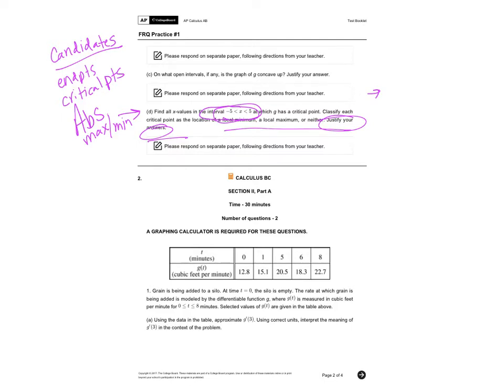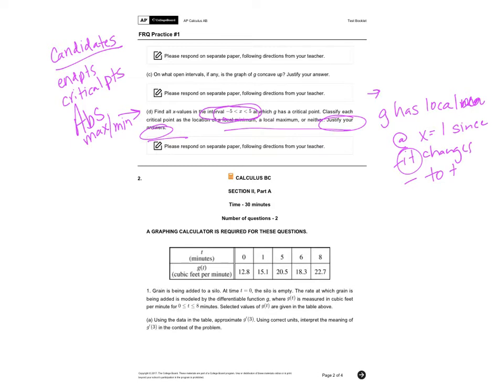Don't say the word graph, because some people said G has local max or min, I guess, at x equals 1 since it changes negative to positive. It or the graph. Neither one of those will get you credit. And that's sad, because you know what you're talking about. That's what I'm trying to do here, y'all.